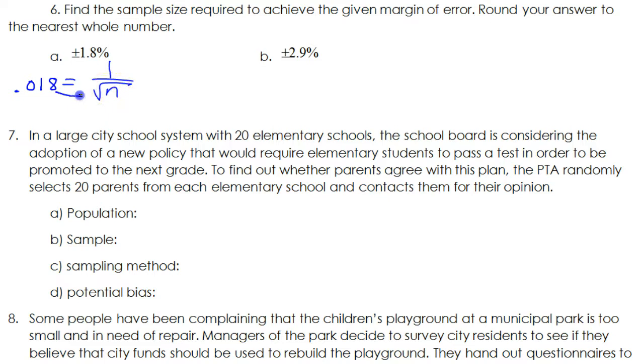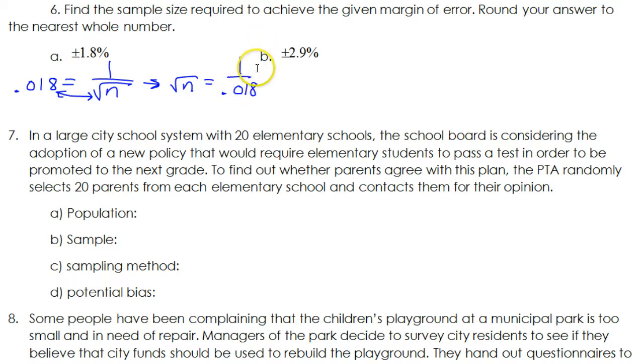Now we've learned that we can swap these two things. The denominator and the number that's out here, those can be reversed anytime we want. So if we do that, then I'm going to have the square root of n is equal to 1 over 0.018.